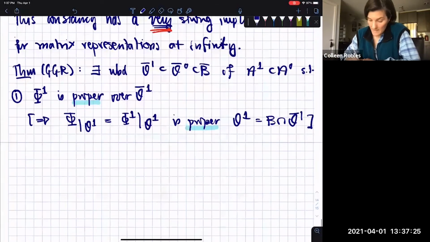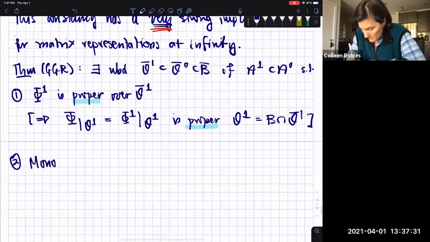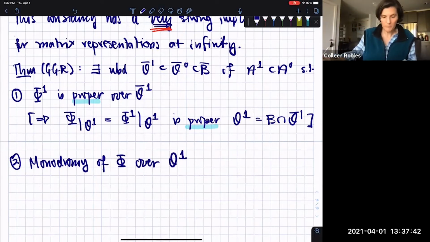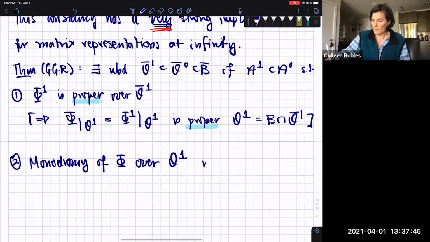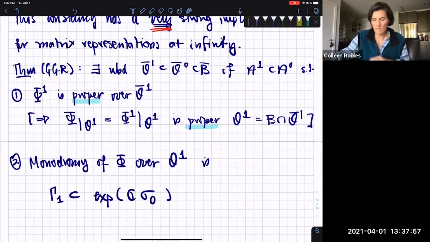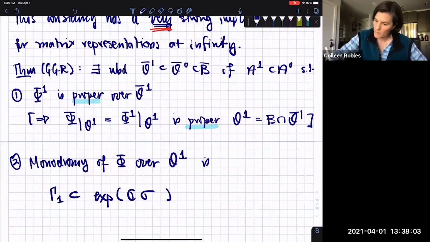The second statement is that the monodromy of the period map over this punctured neighborhood O1, let's call it gamma 1, is contained in the exponential of the nilpotent cone. And here, I guess I can take a slightly smaller nilpotent cone, sigma 1.